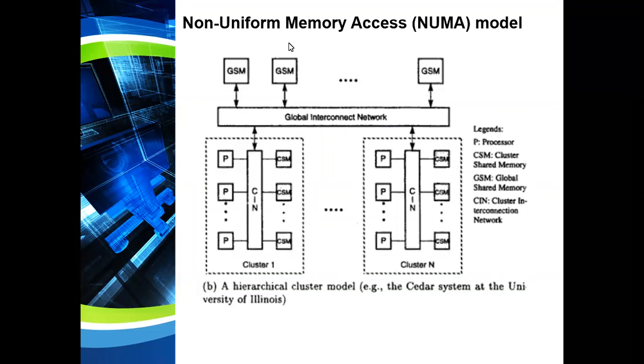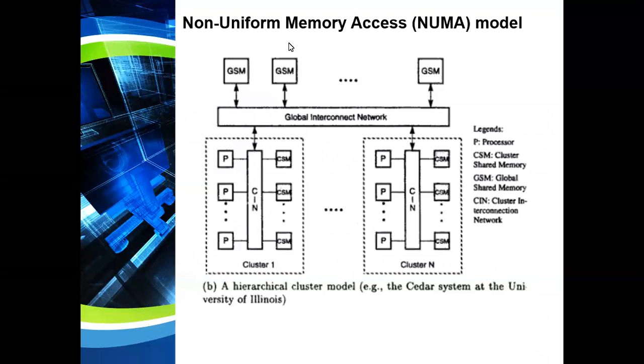So here the CIN connects each cluster shared memory. The same thing will happen on every cluster. Above each cluster, there is a global interconnect network, GIN, and the GIN connects the GSM, global shared memories. So within this, there are 3 levels of memory.